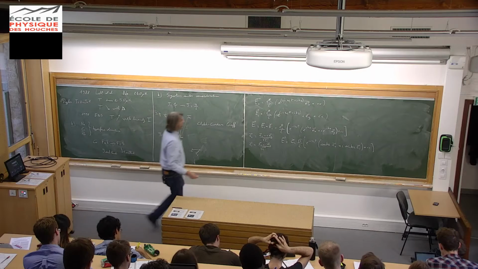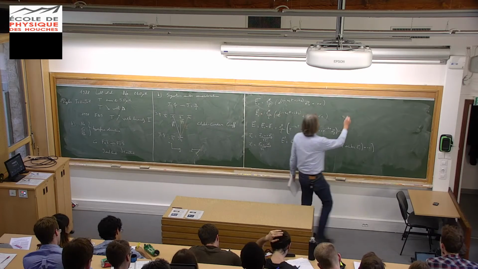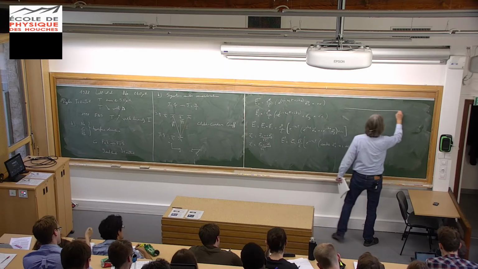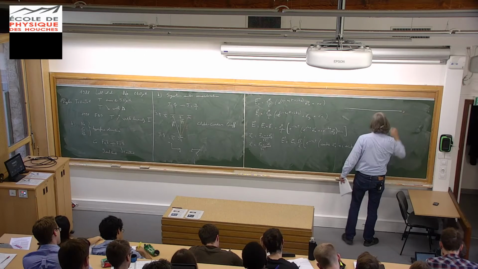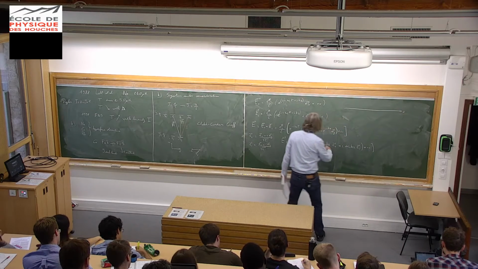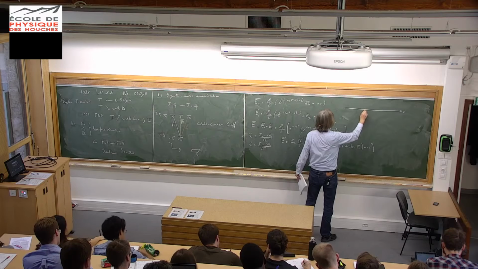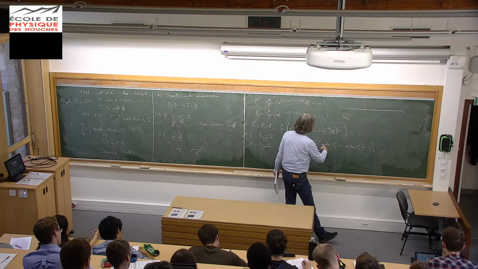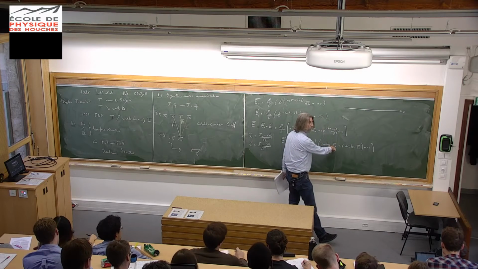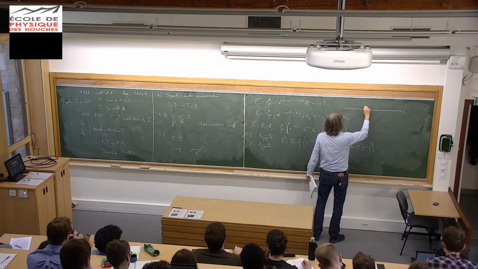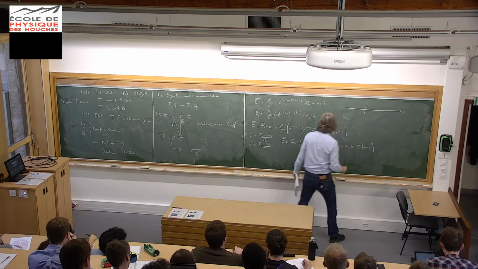Which means that if I draw my field along the z-axis, when z equals 0, it is simple. I have just a sigma plus field. So in 0, my field is sigma plus.